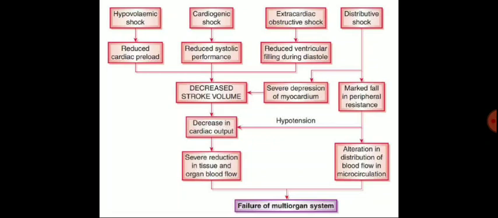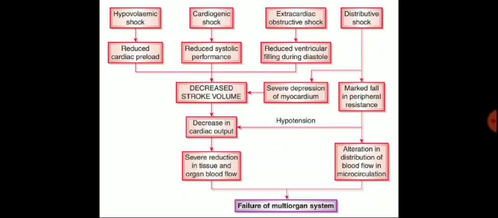Extracardiac obstructive shock: reduced ventricular filling during diastole. This leads to decreased stroke volume, decrease in cardiac output, severe reduction in tissue and organ blood flow, failure of the multi-organ system.